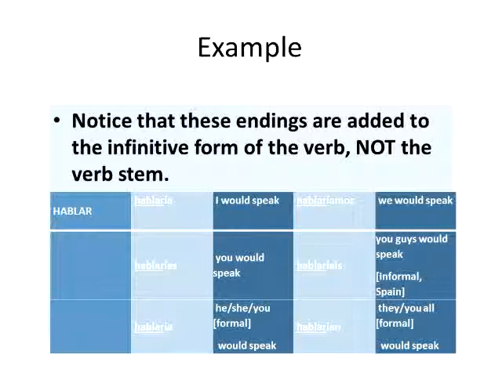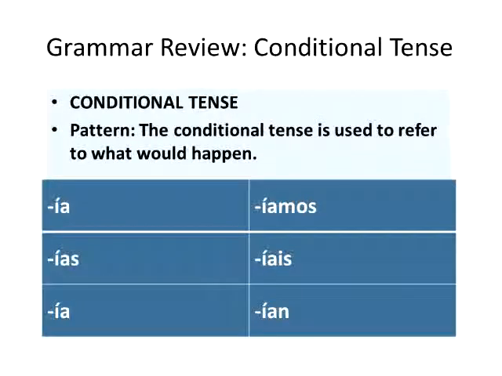We would speak, you guys would speak, and they and you all would speak. Okay, so make sure that you have your notes from last week for the conditional tense, because this week we're still doing conditional tense review and quizzes, and we're also adding the past participle, and we're going to go over that today.